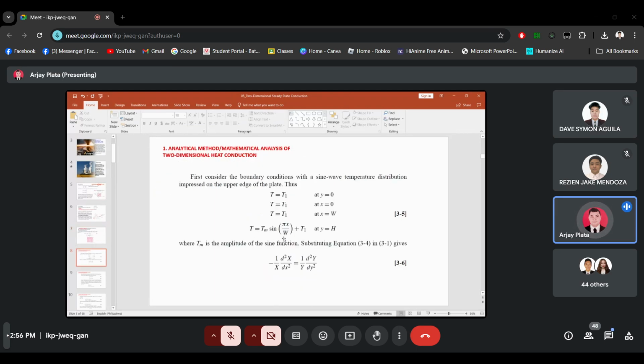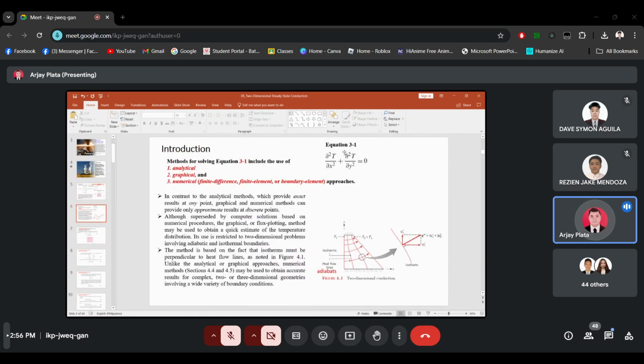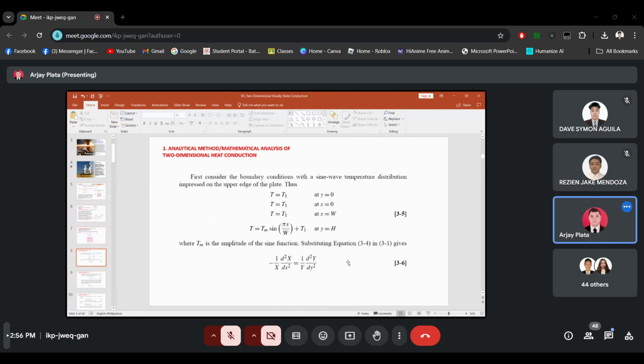This is the function or the equation for the value of T at x at y equals H, where Tm is the amplitude of the sine function. So substituting equation 3-4 in 3-1 will give this equation. Let us substitute this equation 3-4 to this equation 3-1, so you will gain this equation. Just combine it.